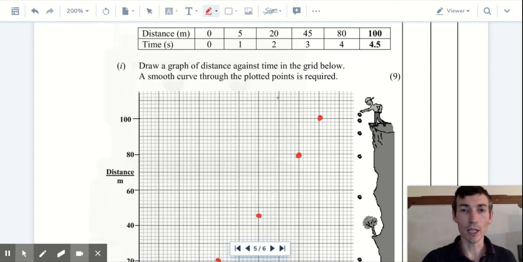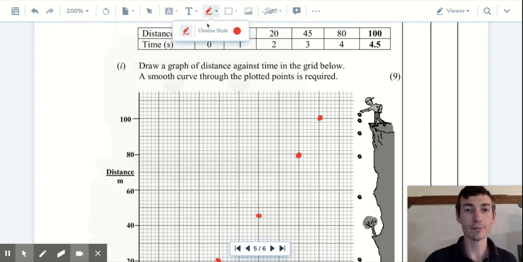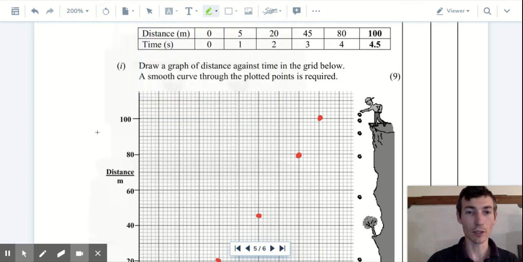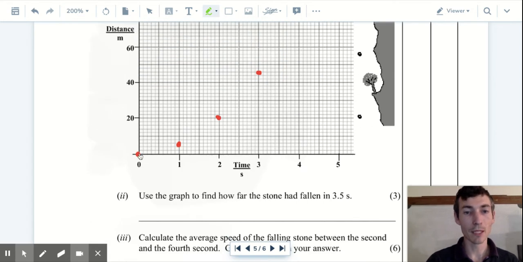Now we want to draw a line between these points. Okay, what color will we go for? Green is a good color, and we'll reduce the thickness a little bit. Okay, hopefully it'll stand out. So we want to make a smooth curve, which is not very easy when you're on a laptop.